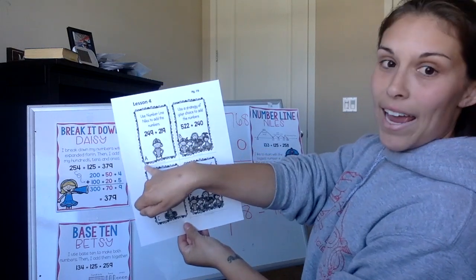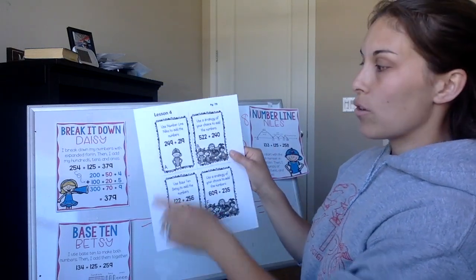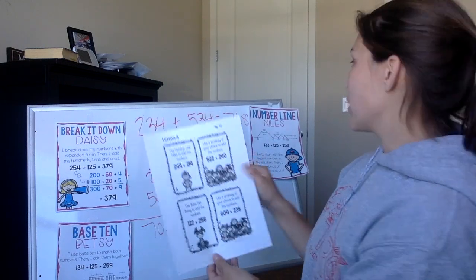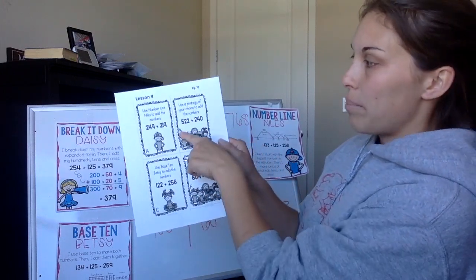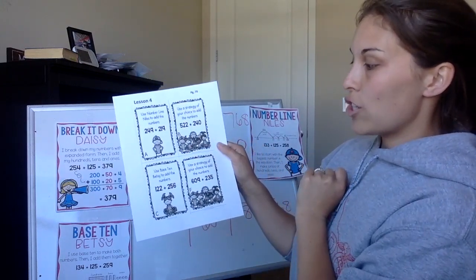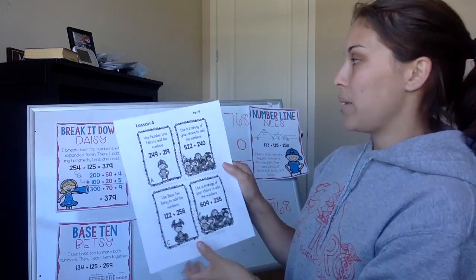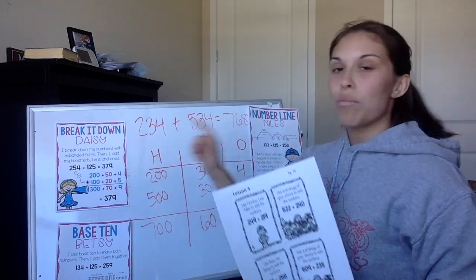So for box A, it says use number line Niles to add the numbers. So for 249 plus 219, you are going to use the number line Niles strategy. For box B, it says use a strategy of your choice to add the numbers. So for box B, you could choose number line Niles, base 10 Betsy, or break it down Daisy.